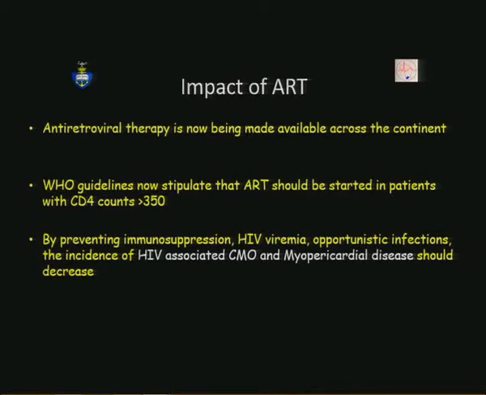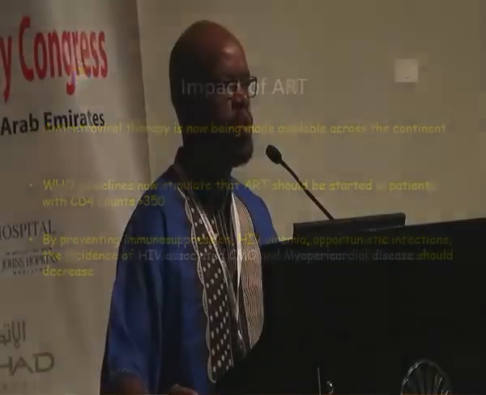So the question that is often asked is, what is the impact of antiretroviral therapy in this setting? We know that antiretroviral therapy is now being made available across the continent. So in the last 5 years in particular, there's been a concerted effort to make sure that all patients who need it get access to it.